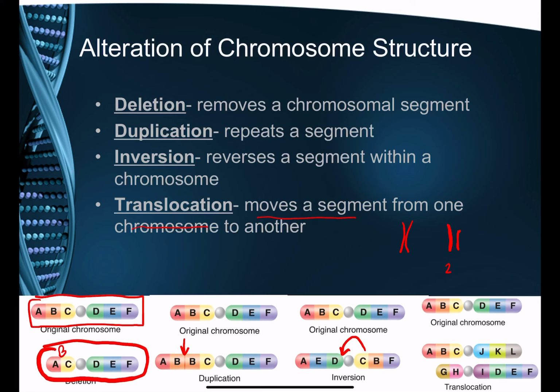There's a duplication in this chromosome, or there's a deletion in that chromosome. So some of these alterations in chromosome structure can be seen in karyotypes. But to figure out more about the genes that were lost or duplicated, you would have to do some genetic testing that's a little more intense than just a karyotype.